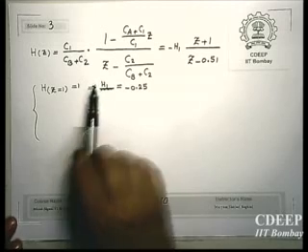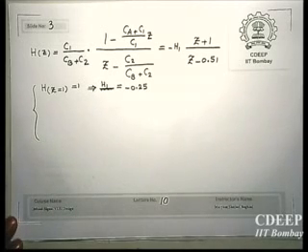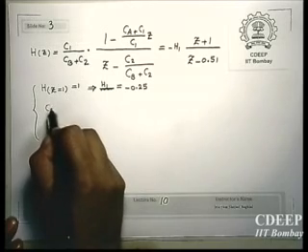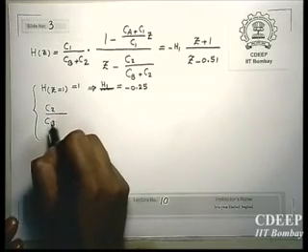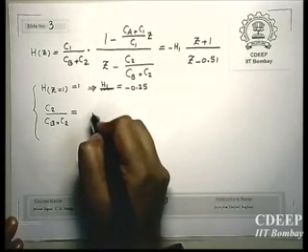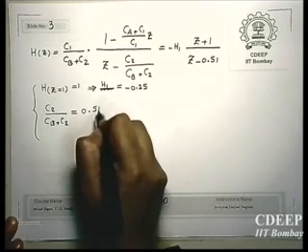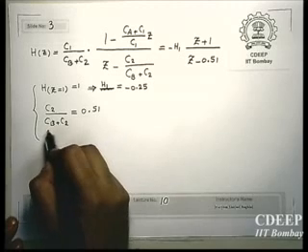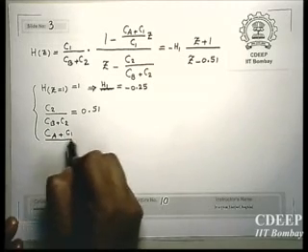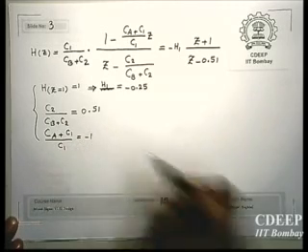Now here, what is the location of the pole? C2 upon CB plus C2. This should be 0.5. Now, what I want is CA plus C1 upon C1 to be minus 1, right?